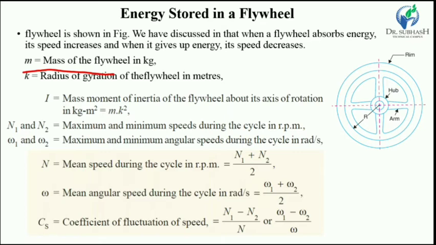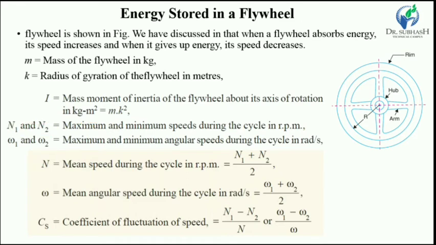So small m is the mass of the flywheel, k is the radius of gyration of the flywheel in meters. I is the mass moment of inertia of the flywheel about the rotational axis, and it is mk square.